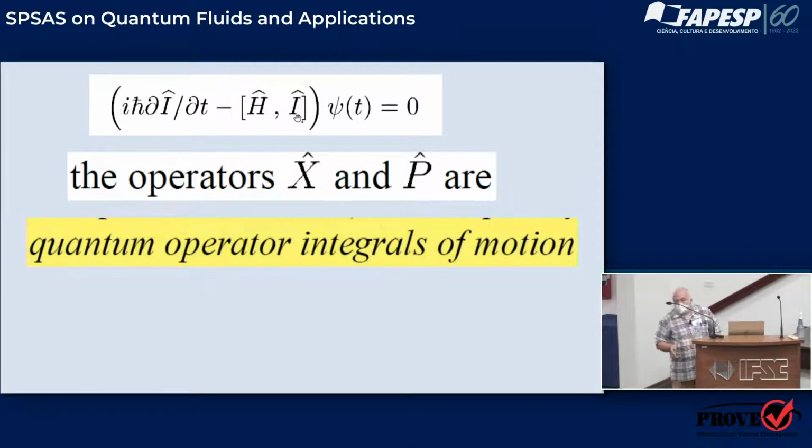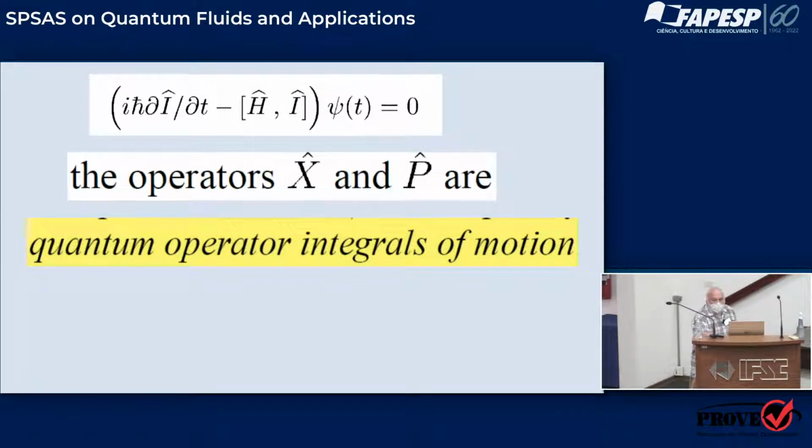This means these are integrals of motion. This is the more general situation when operators depend on time explicitly. Therefore, we have to find integrals of motion which coincide with x and p at the initial instant of time. In general, the problem is very complicated, practically impossible to find them independently.